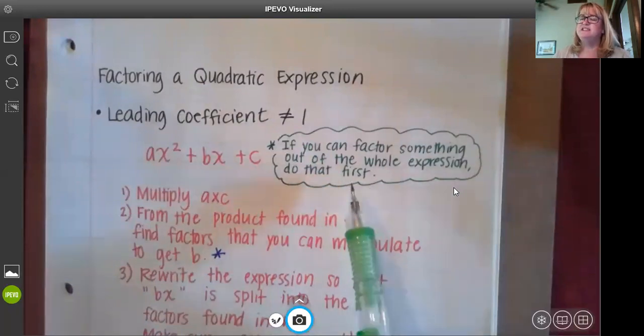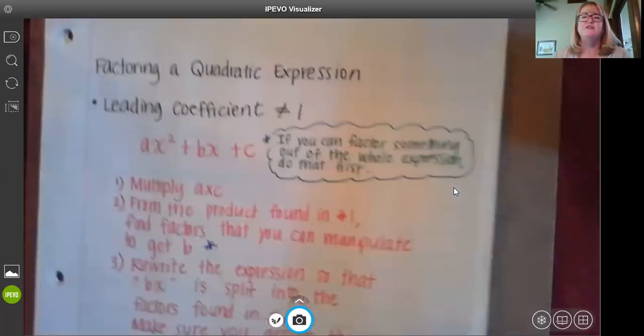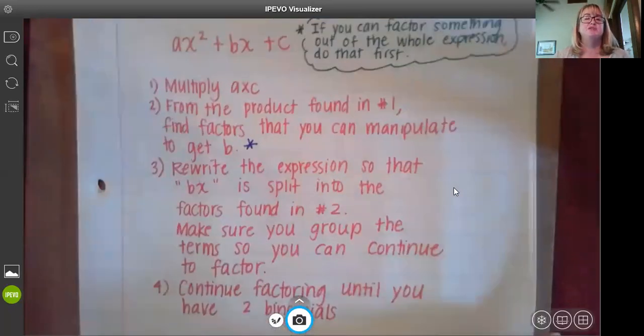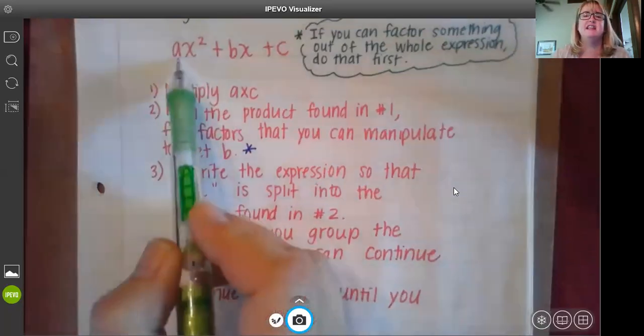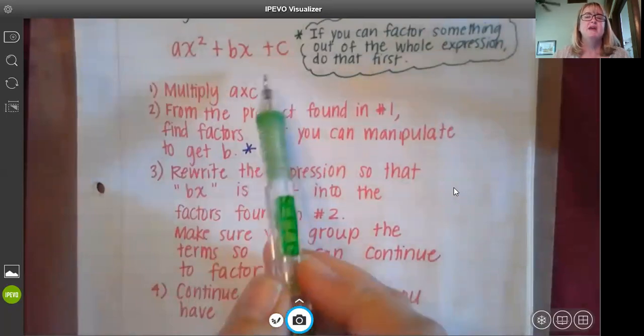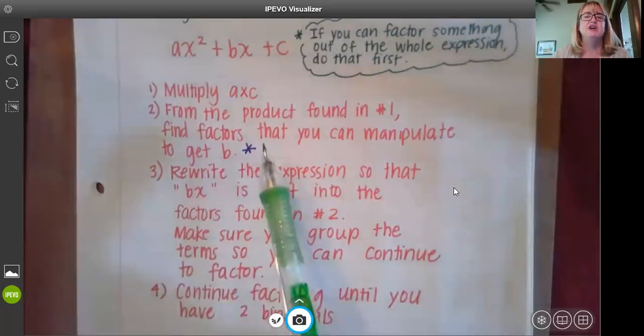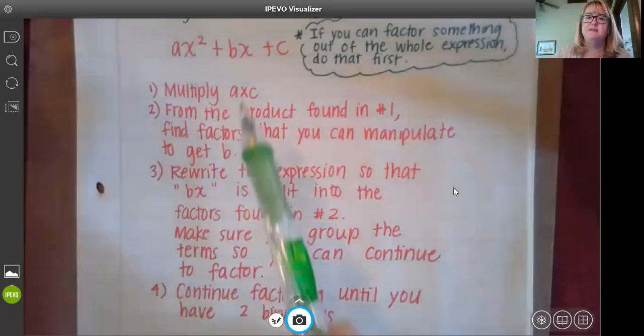So here are the steps basically to factoring. The first thing is you're going to multiply a times c. So whatever that leading coefficient is and that last constant, you're going to multiply them together. And from the product found in number 1, you're going to find factors that you can manipulate to get b.